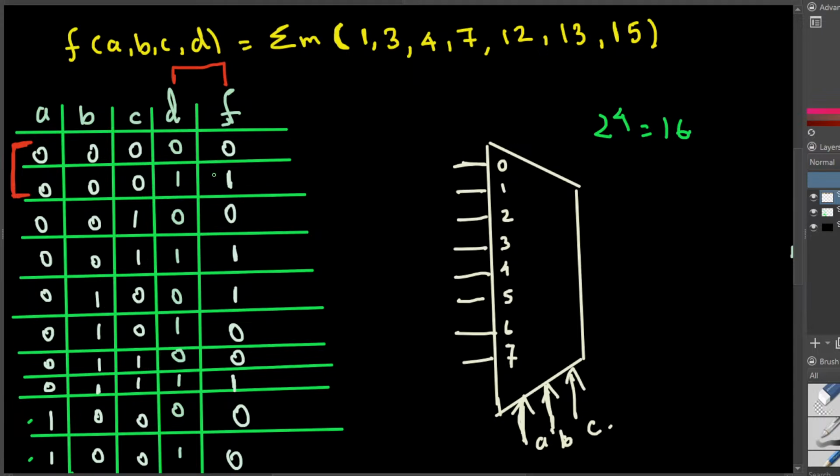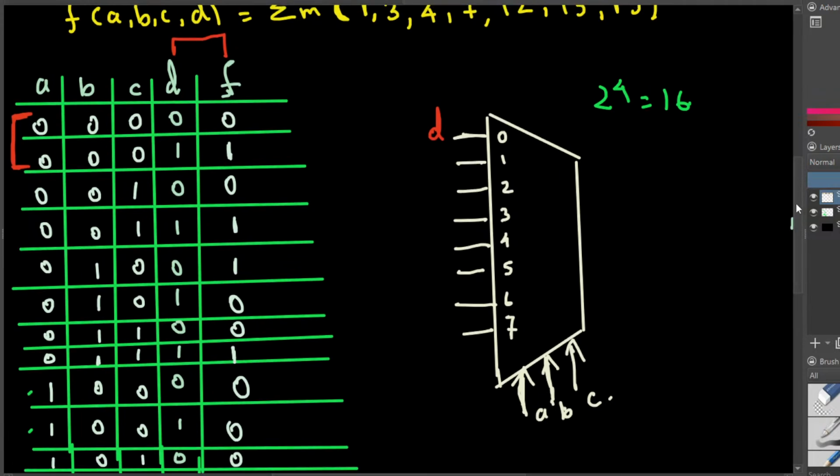When D is 1, function is 1. So the 0 location, the first input, is going to be just D, because whatever the D value holds, that's going to be the output. So the first one is going to be D. This is the 8 by 1 mux, and the output, let's call it F.